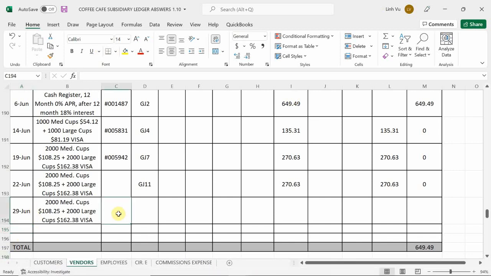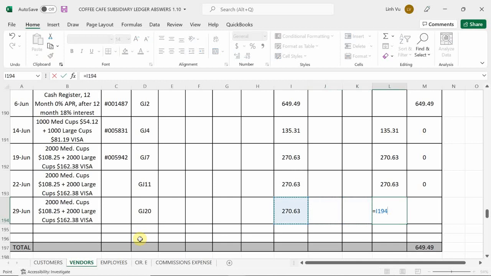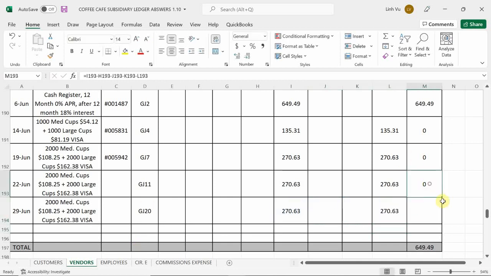And then we bought 2,000 more cups, which gave me a total of 162.38. We're on General Journal 20. And we owed the 270.63, but we used the Visa to pay for it. So therefore, we owe nothing for this receipt.